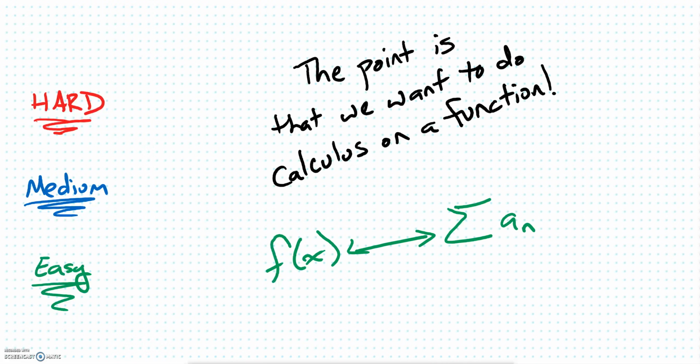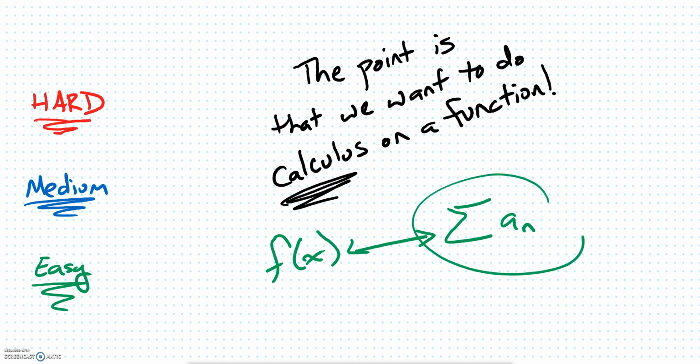And if we can do that, then we can continue our analysis and we can continue along with calculus instead of just hitting a brick wall and saying, we can't do this, let's give up. So there is a point to all of this, but it's not always the most evident thing to do. The point is, you're in a calculus class, we want to do calculus. If we can't do the calculus on the given function, then maybe we can turn it into a series and we can continue our analysis.